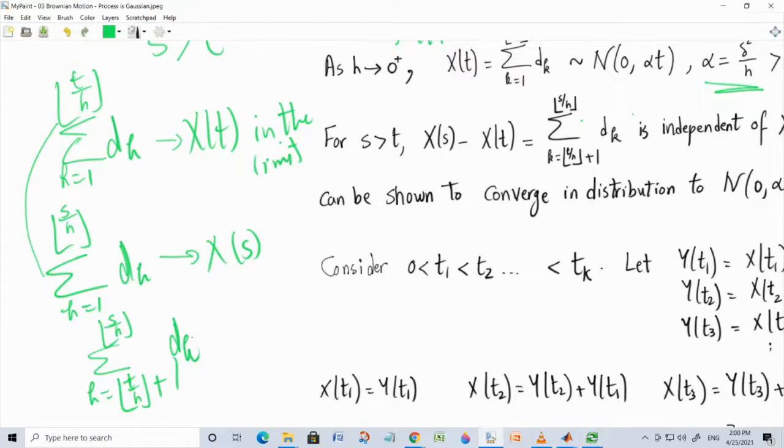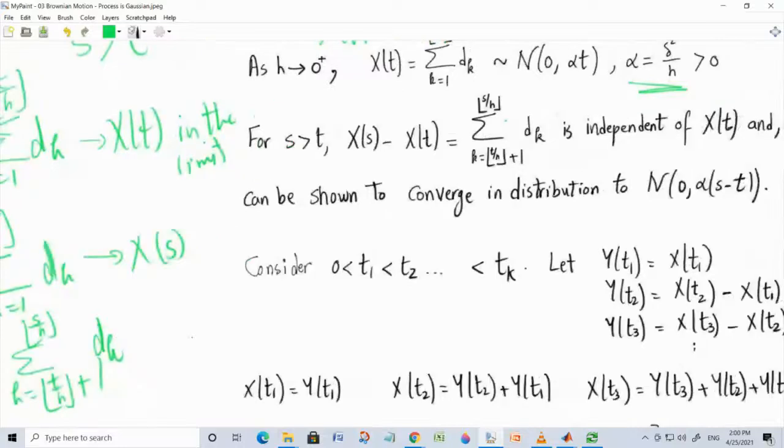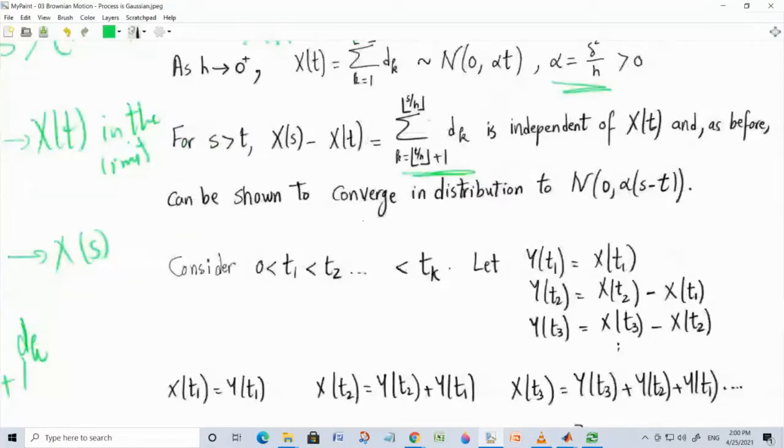The idea here is that the steps dk, by definition, and this happened in all our random walks, are IID. So x of s minus x of t will come from this summation, and you can show it rigorously exactly like what we did on the previous page.